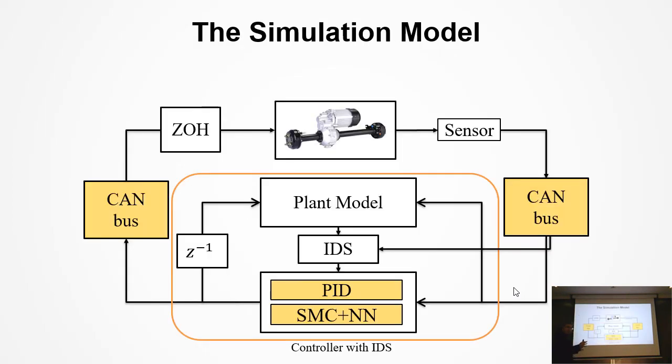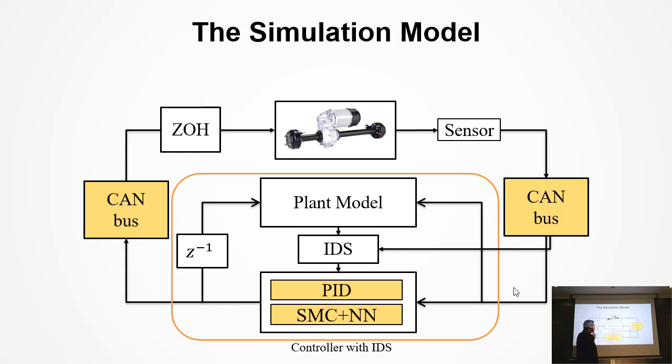This is the complete picture of the control loop and the intrusion detection system. As you can see, the DC motor here is the plant. There is a controller, but we have two of them. The default one is a sliding mode control, augmented with a neural network controller, and the IDS uses a plant model which was trained during the initial period of system operation.